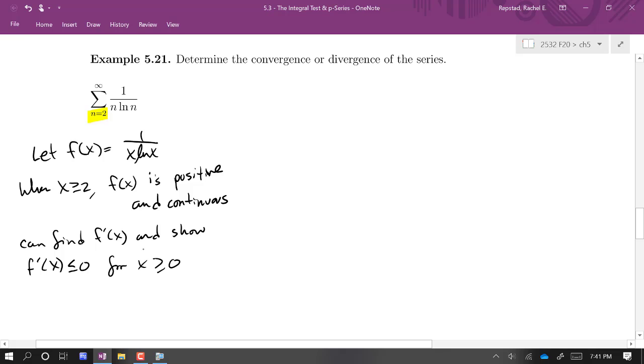That isn't too hard, but also we know that as x increases, both x and ln x are increasing. So we can make a similar argument as we did last time. We could say that it's got a constant numerator and an increasing denominator.